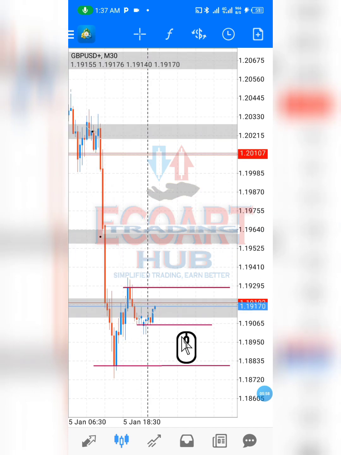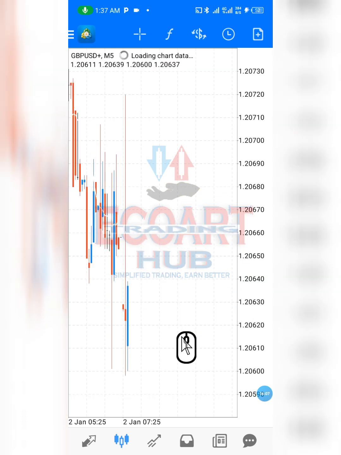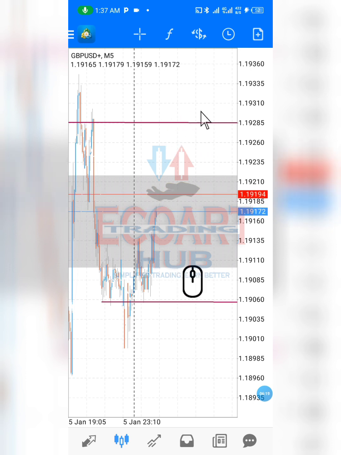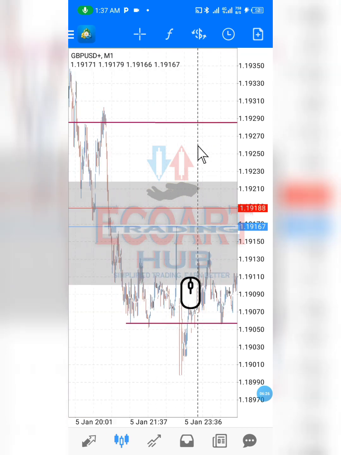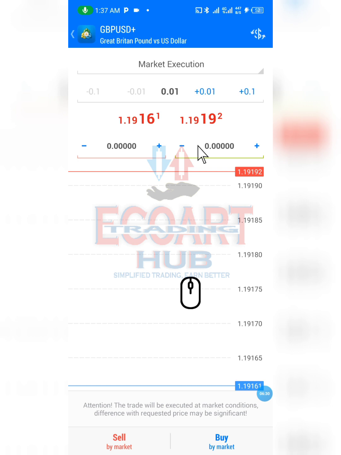Now if I take this down to 5 minutes or 1 minute, at this point I'm expecting a reversal or a rejection on this zone. On a smaller time frame, if we are using the 1 minute time frame, all we need to do is take a buy at this point.